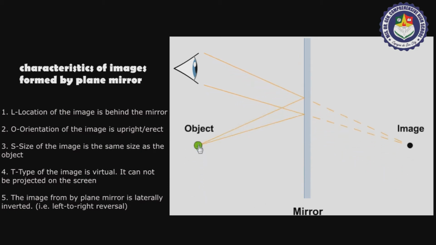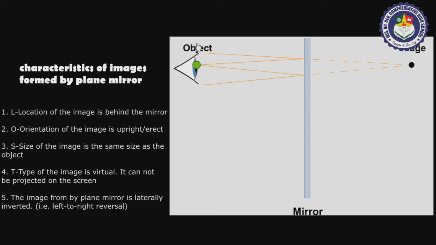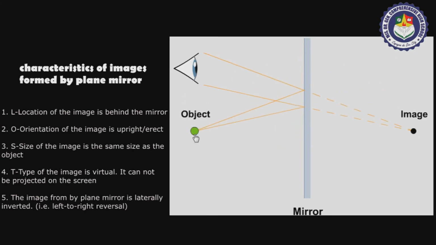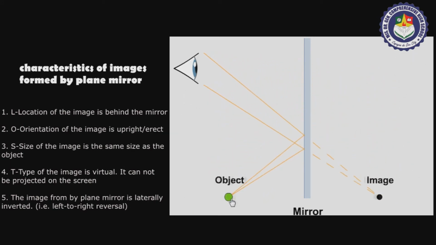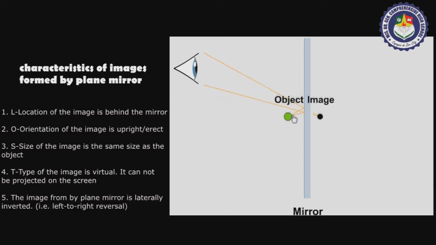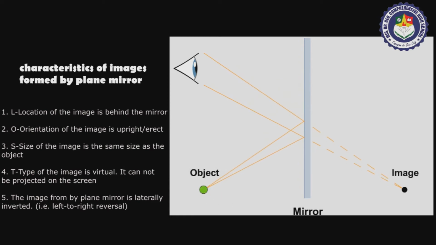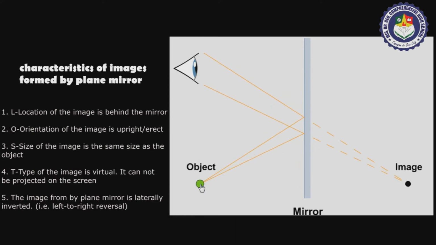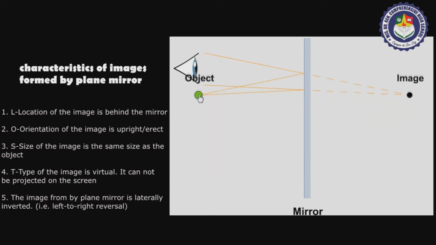T. Type of the image is virtual. It cannot be projected on the screen. 5. The image from the plane mirror is laterally inverted. Example, left to right reversal.